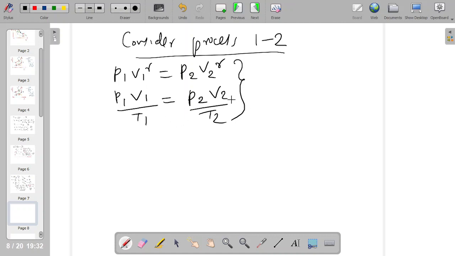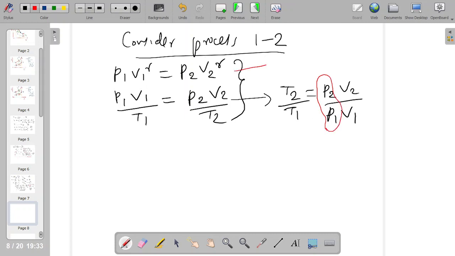What we have done is, we can write T2 by T1 is equal to P2 V2 by P1 V1. Now what is P2 by P1? From the adiabatic equation, P2 by P1 is V1 by V2 raised to gamma.